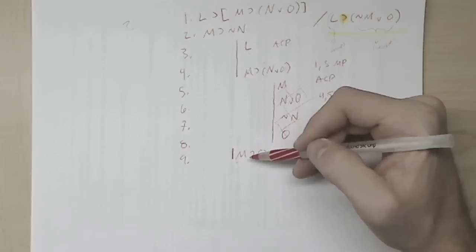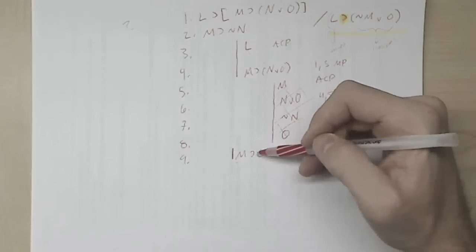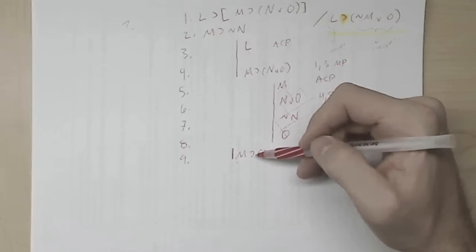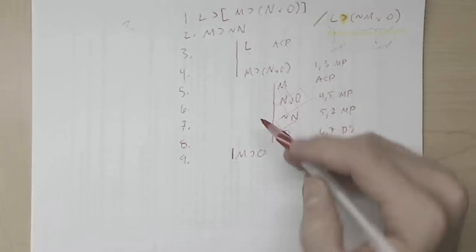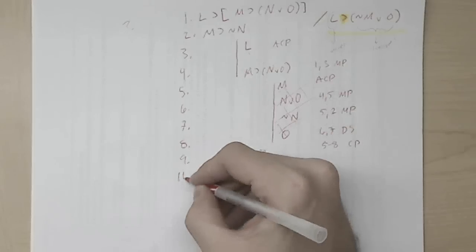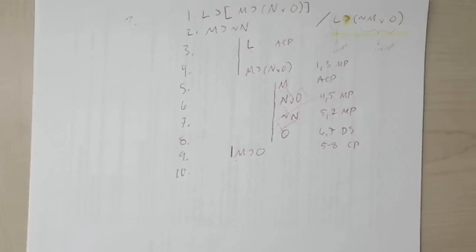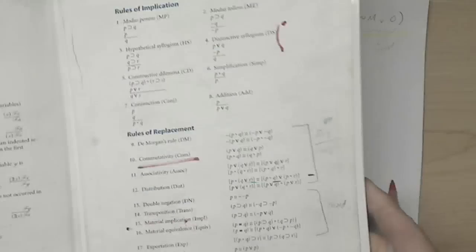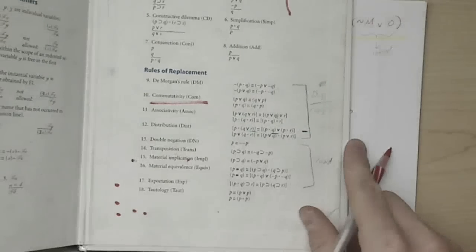Now, notice this says if I have M, then O, right? What can I use here? Well, wait a second. Remember the rule of implication, right? And just to remind you what the rule of implication looks like, take a look here.